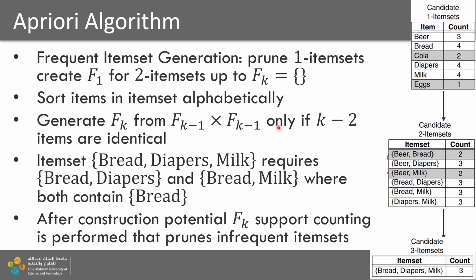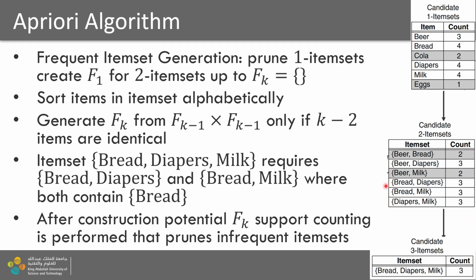However, we have a condition that the first k minus 2 items must be identical. So this means that for beer diapers, we need to have another one starting with beer and something else to create a 3 item set. Because the first k minus 2 items need to be identical, the first one would need to be identical. So this is not the case.